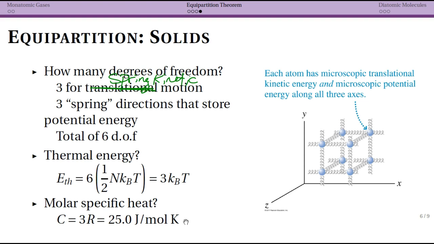Solids vary a lot more, and one of the reasons for that is that this model is obviously very simplified. So in a solid, for instance, a solid of copper versus a solid of carbon versus a solid of lead or silicon, this model actually does need to change a little bit, and so because of that you see some variations in this molar specific heat.